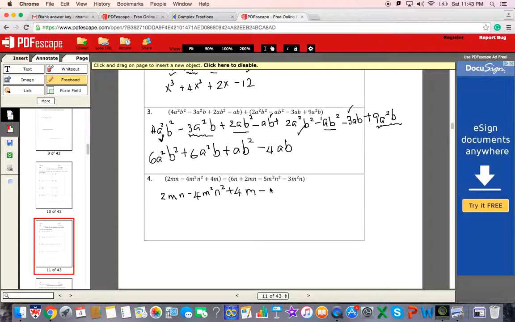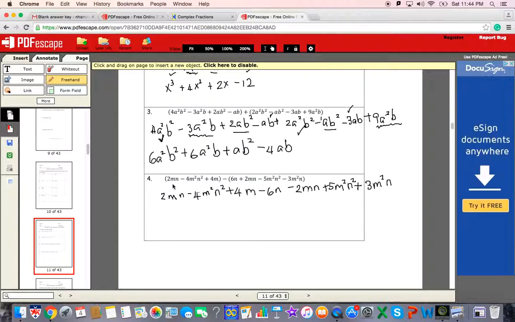So we have minus 6n minus 2mn plus, because that changes from a minus, 5m squared n squared plus 3m squared n. And we go ahead and we start looking for like terms.